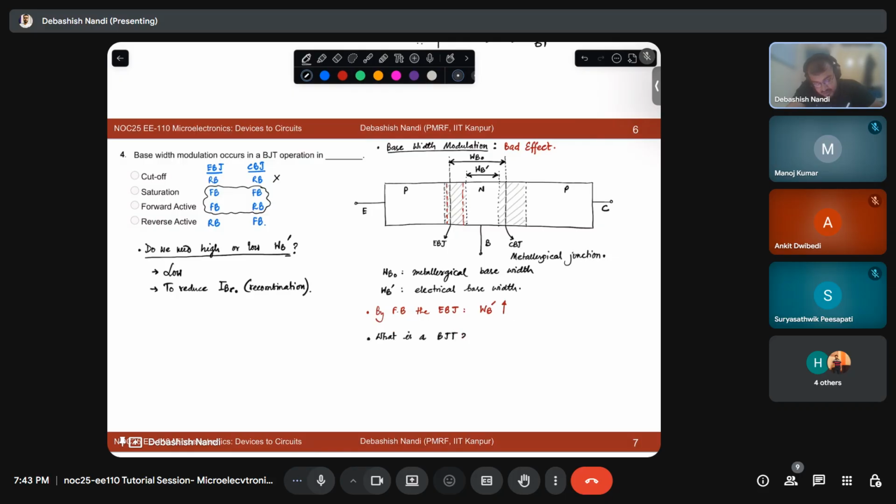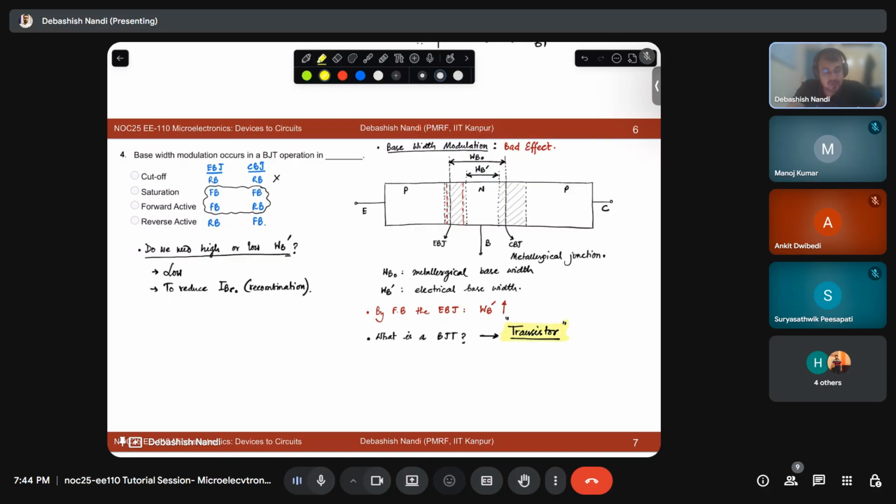Bipolar junction transistor, that is the full form. Bipolar junction is a type. First thing you have to tell, it is a transistor, right? So under any circumstances of BJT operation, my transistor action should not get violated.